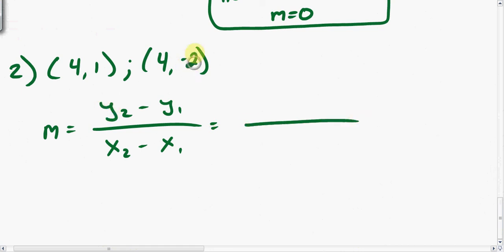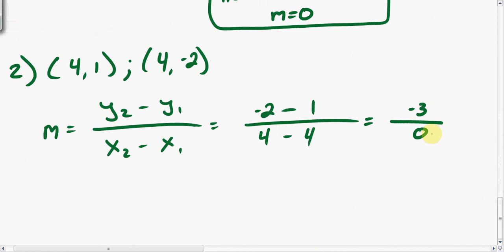We'll designate y2 to be negative 2, so we've got negative 2 minus 1. Then our x2 comes from the same point, so we're leading with 4, 4 minus 4. Negative 2 minus 1 gives me negative 3, and 4 minus 4 is 0.